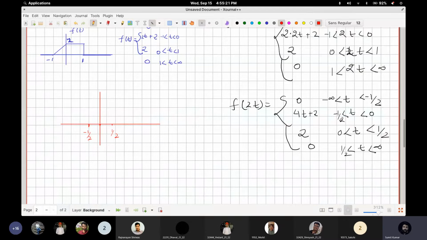If you put t equal to minus half, you will get 0, and when you put 0 it will be equal to 2. So from minus half it goes up to 2, and from here to half it's again 2 only, and after that it will be 0.